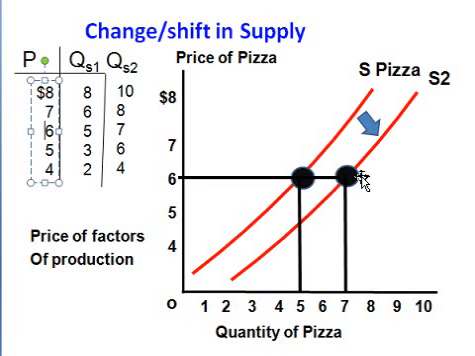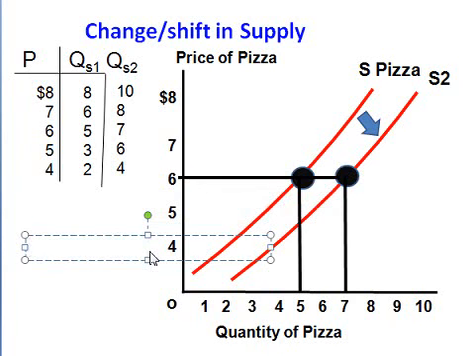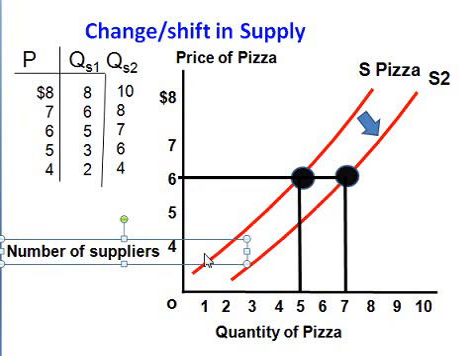Okay, then I talk about the second factor. The second factor that can affect a producer: number of suppliers, right? Number of suppliers, that is the second factor.